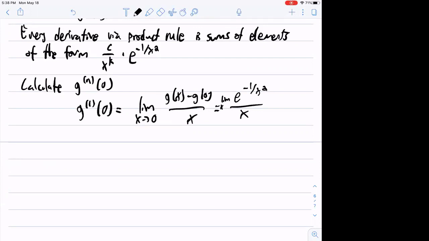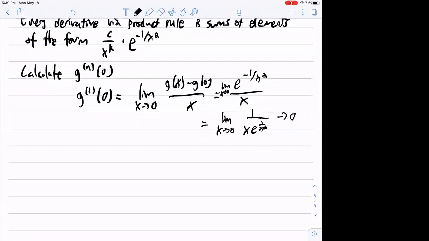Sorry, limit. Okay, so x goes to 0, but e to the 1 over x squared goes to infinity, right? Because 1 over x squared goes to infinity when x goes to 0. And exponential grows faster than polynomial. So this thing will go to 0, yeah? And it actually holds true, you just use induction. Induction, so assume g_n at 0 is 0.